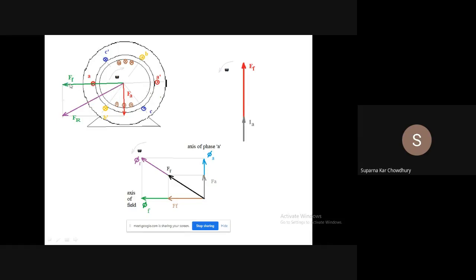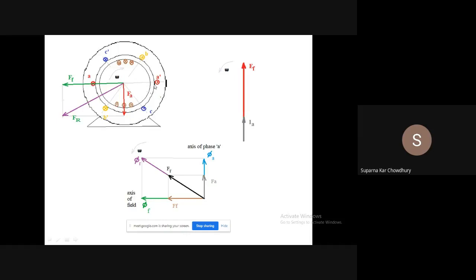So for a particular instant, this Ff is along this direction. Now if Ef and Ia are in phase, in that case Ia will be maximum here. If Ia is maximum in this conductor, there will be some other currents induced depending on the angle and the flux it is linking.